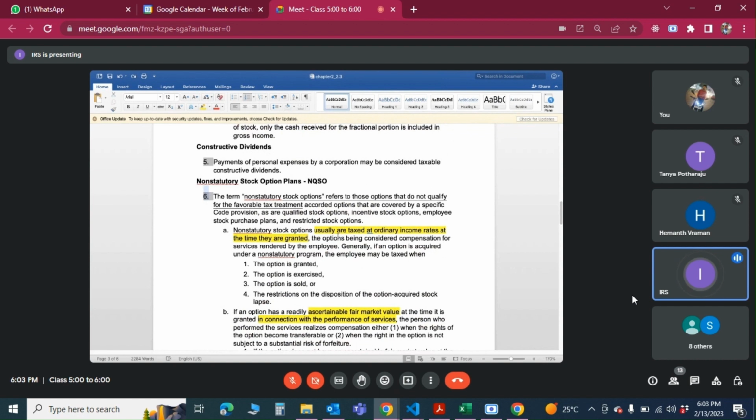If you write it down, otherwise it will be very confusing. If I say NQSOs are this and that, and suddenly I say ISOs are this, and it's not clear in your mind, you will keep confusing what are ISOs and what are NSOs. You can also call NQSOs NSOs. Instead of calling them NQSOs, I can always call them non-statutory stock options or non-qualified stock options. That's what the Q is for.